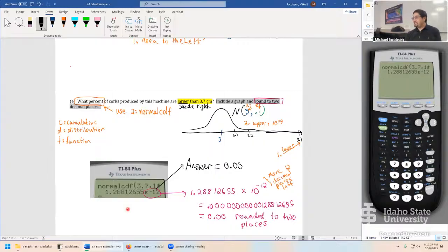We could just say literally 0, but putting in the 0.00 is just a reminder this has been rounded. These numbers are actually never 0. If we put in 4, if we put in 50, we put in 10 power 99 as our lower, the number isn't 0, but the scientific notation just has a very large negative number right here as a power of 10. So this is the takeaway for this last admittedly confusing question.